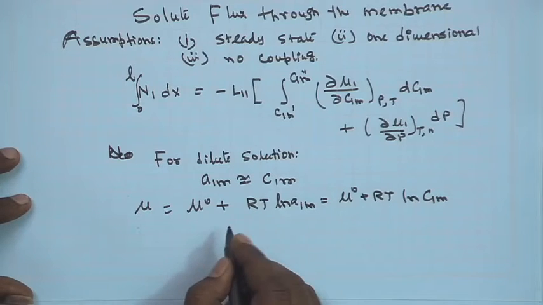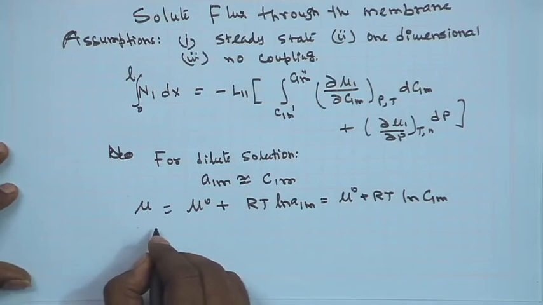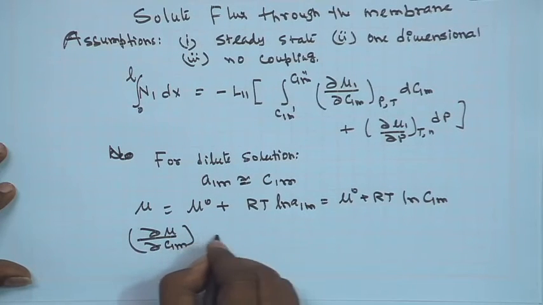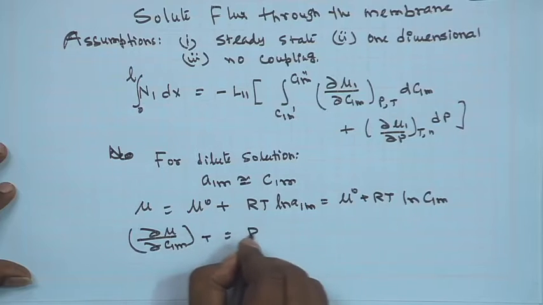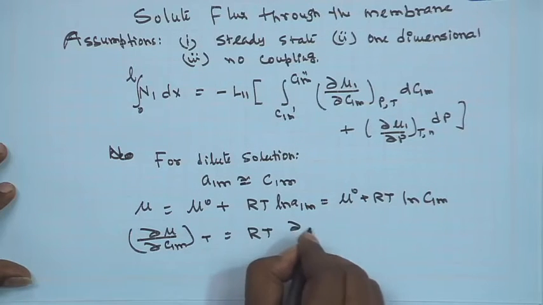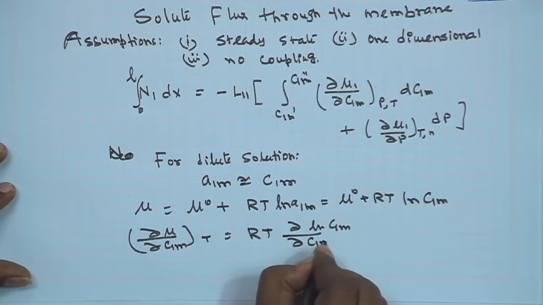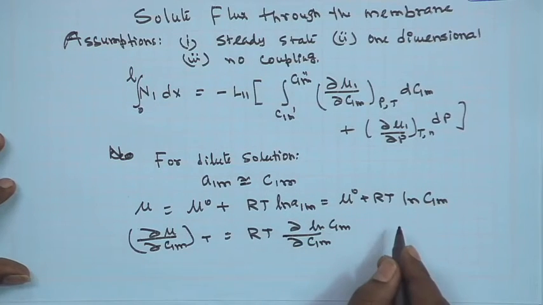Now, let us look into the derivative of chemical potential with respect to C1m. This gives RT del ln C1m divided by del C1m.